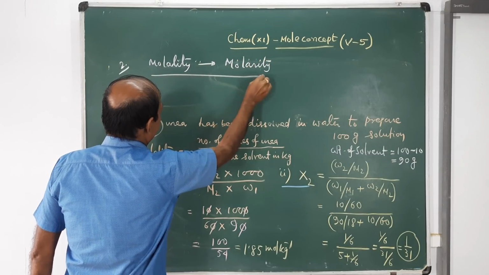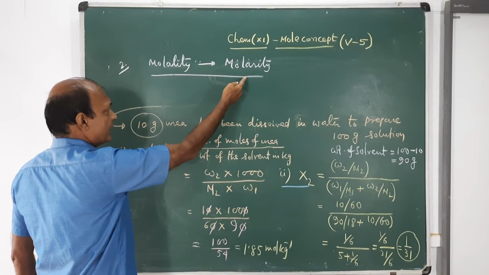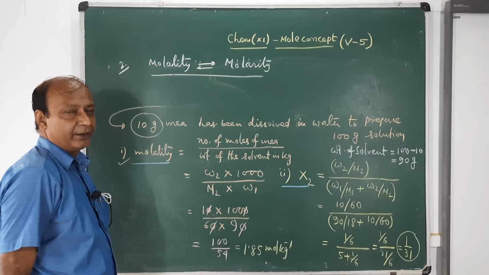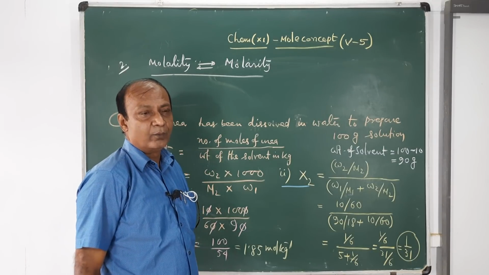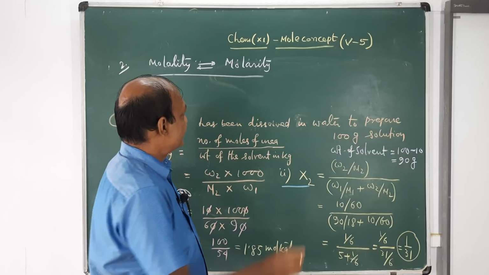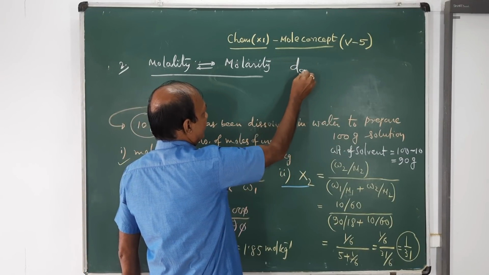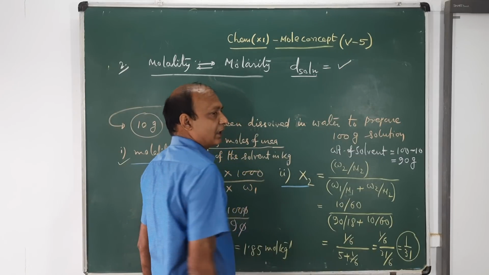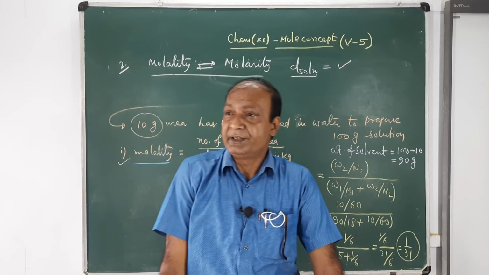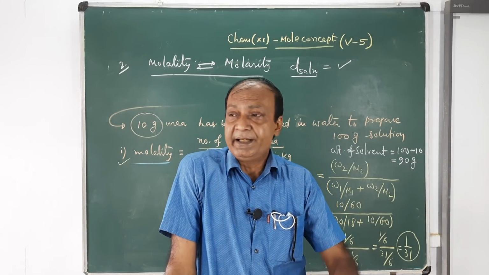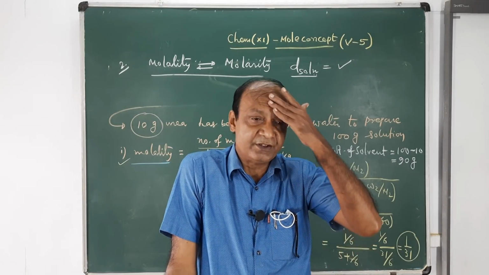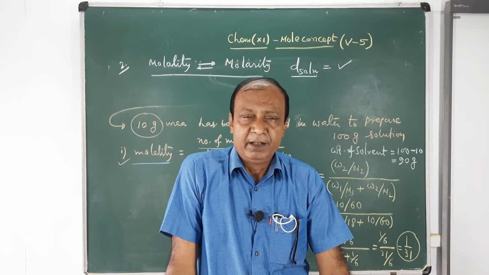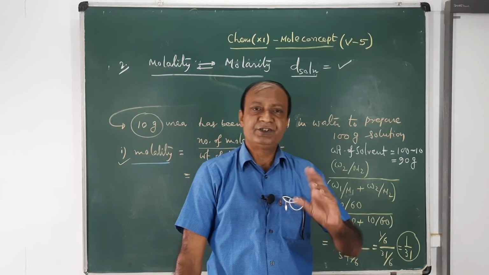In this type of problem, either molality to molarity or molarity to molality, if you have to convert the unit, then one thing is necessary: the density of the solution. Without this you can't do it. Density of the solution is necessary because molarity is a unit related to the volume of the solution, so without density you cannot change it to volume.